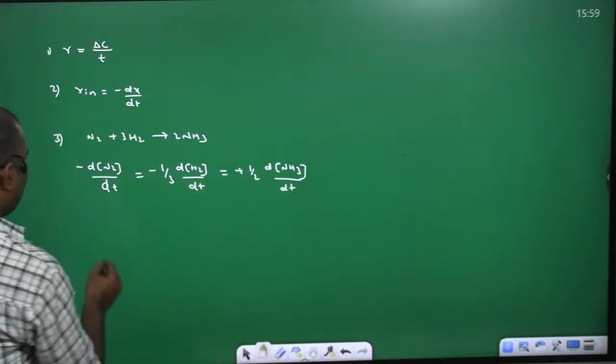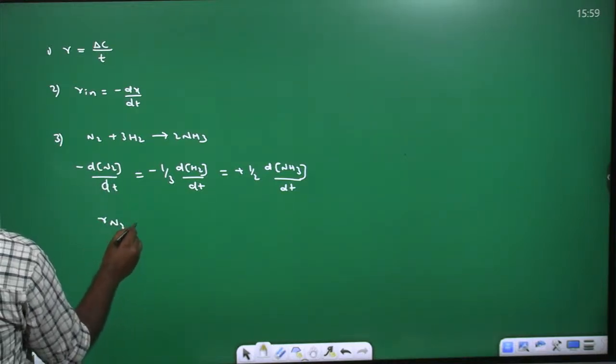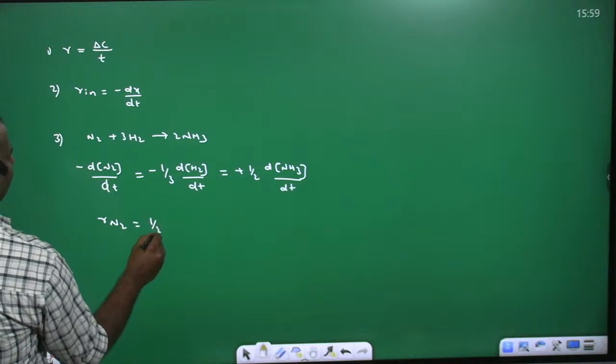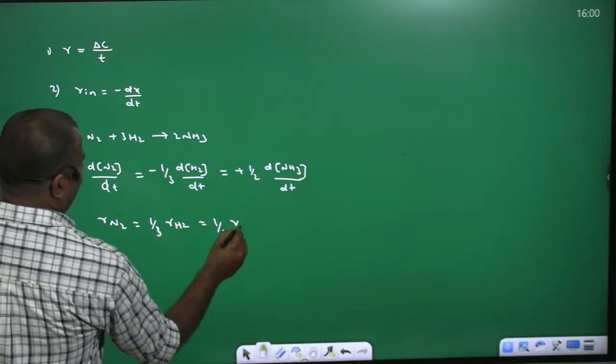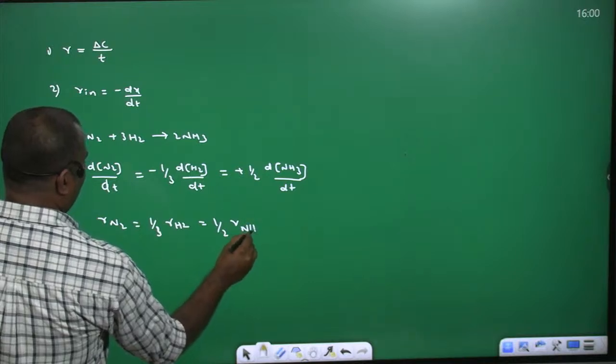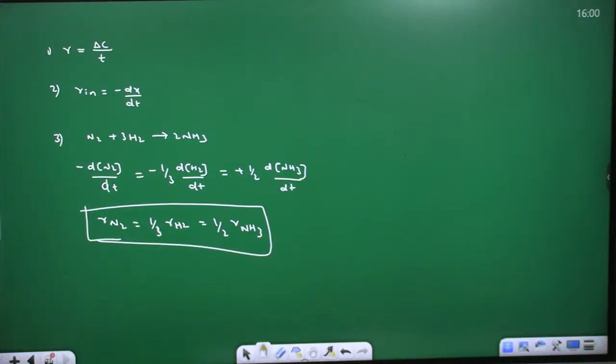This is rate of disappearance of nitrogen equal to 1 by 3 rate of disappearance of hydrogen equal to 1 by 2 rate of appearance of ammonia. If you know the relation, then you are going to get the solutions.